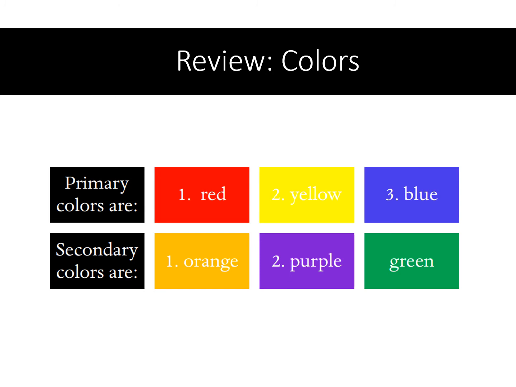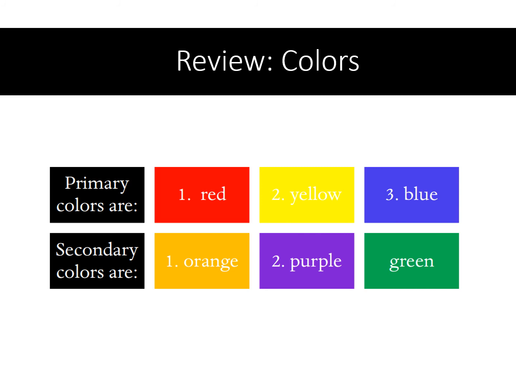Now let's review the colors because you will be using the colors in this assignment. So remember, primary colors are red, yellow, and blue. Say it with me. Red, yellow, blue.